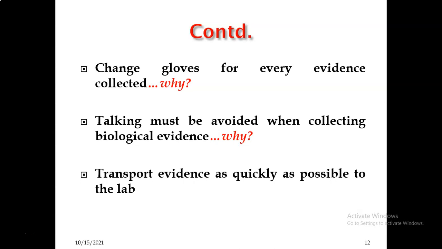Because once you use a glove to pick an evidence, especially biological evidence, it can get stained into the glove. So if you don't change the glove and you use the same glove in picking another biological evidence, you are going to transfer to that one. That is why we need to be changing gloves from one evidence to the other when we find ourselves at a biological crime scene.